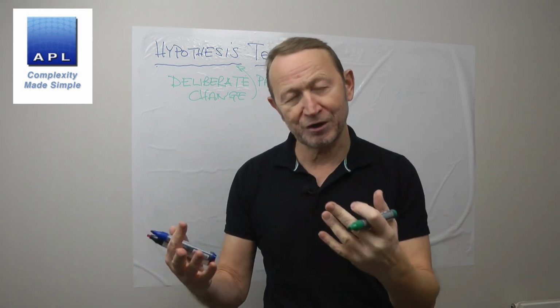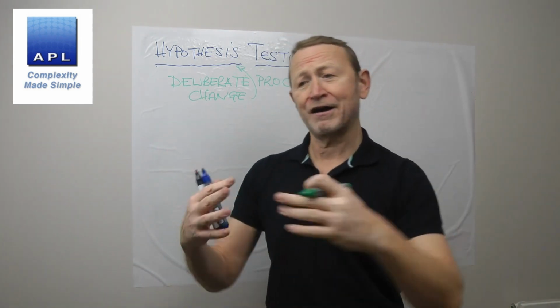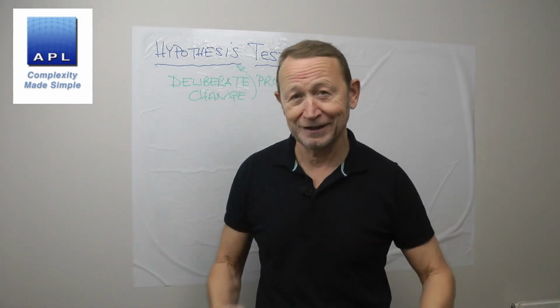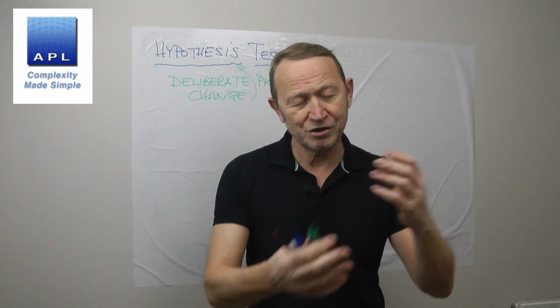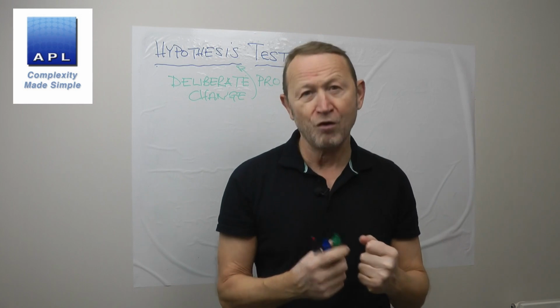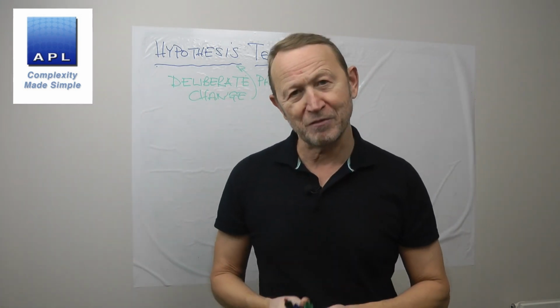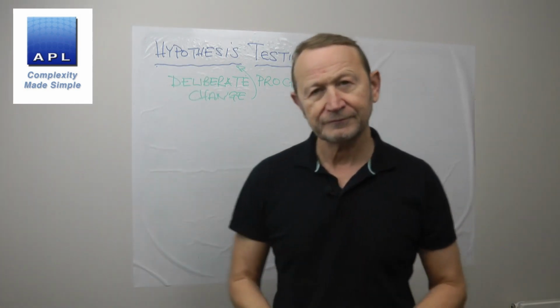I'd like to change my supplier. I think it would be better. I've got an idea. I think I'll run the process faster. I think I'll run the process hotter, etc. You're making a deliberate process change. So you're collecting evidence before you made the change. You're collecting evidence after you made the change, and then you're running one of these.